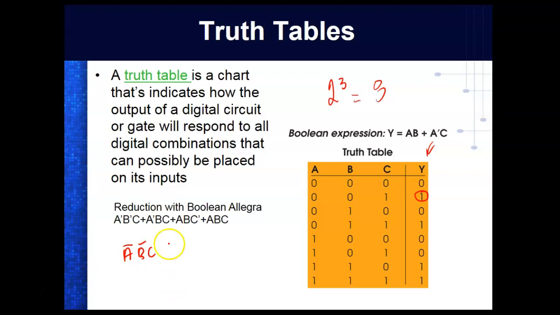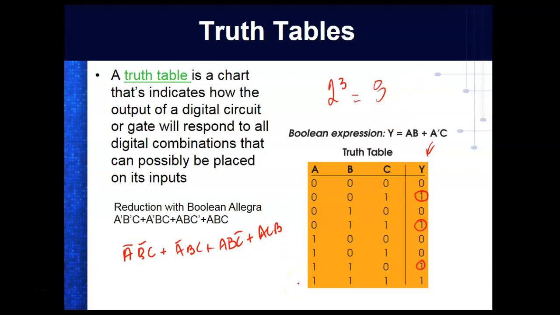Low. And then I would come over here and say, what would be the next true? It would be not A, B, and C. And then my next true would be A, B, not C. And then my last one would be A, B, C.